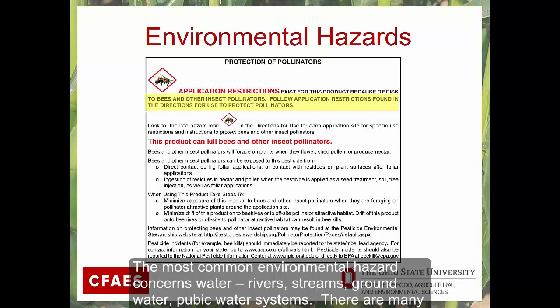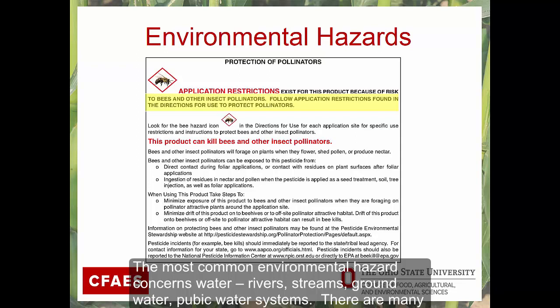Groundwater is often a consideration as well. Groundwater examples include aquifers, wells. There are many precautions that can appear on pesticide labels about water, including keeping a buffer in between the treatment zone and the source of water or the body of water.